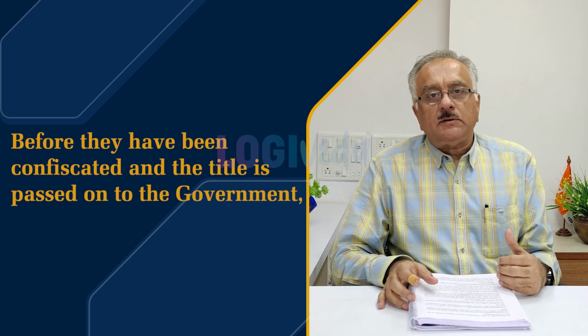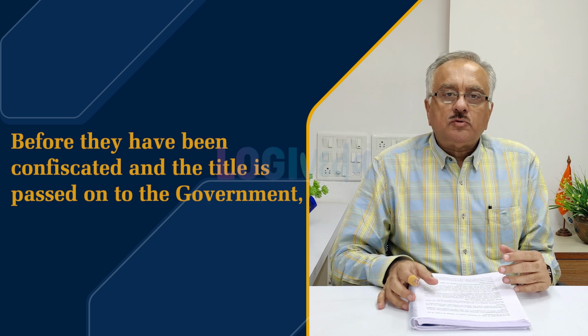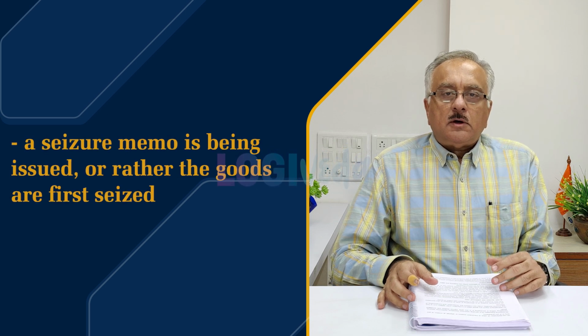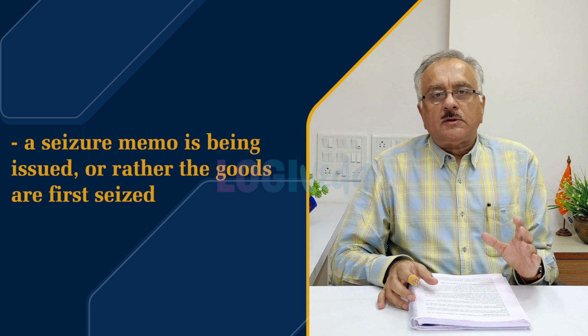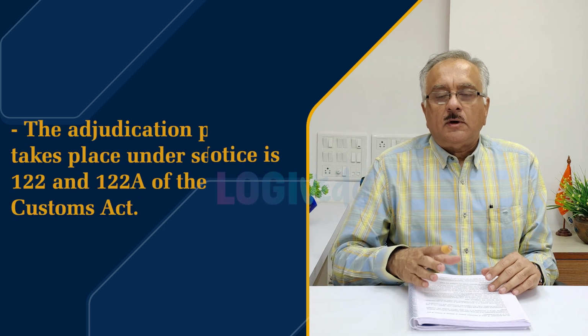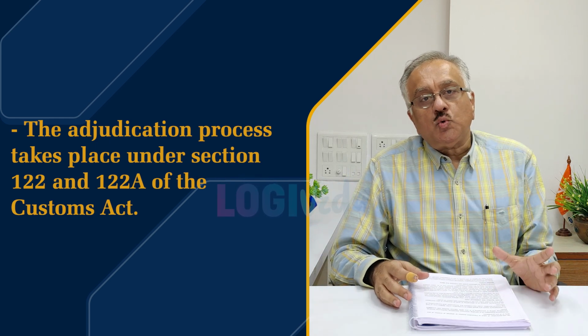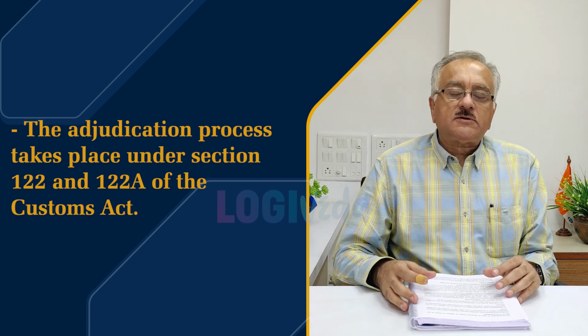Before they are confiscated and the title is passed on to the government, the goods are first seized, a seizure memo is made, then the show cause notice is given and the adjudication process takes place under section 122 and 122A of the Customs Act.